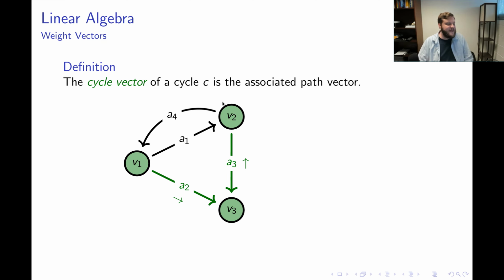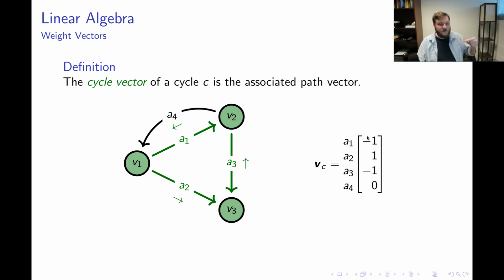And then let's say that I went from V2 back to V1 by going with the arrow A1. If that is my particular cycle, I can use the concept of weights to numerically encode this cycle. The weight vector here would be telling us whether or not in our cycle we went with an arrow, against an arrow, or ignored the arrow.